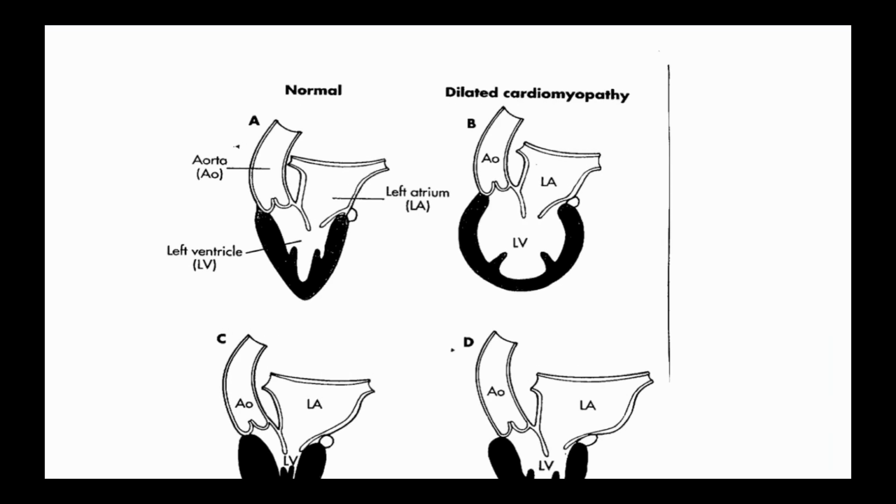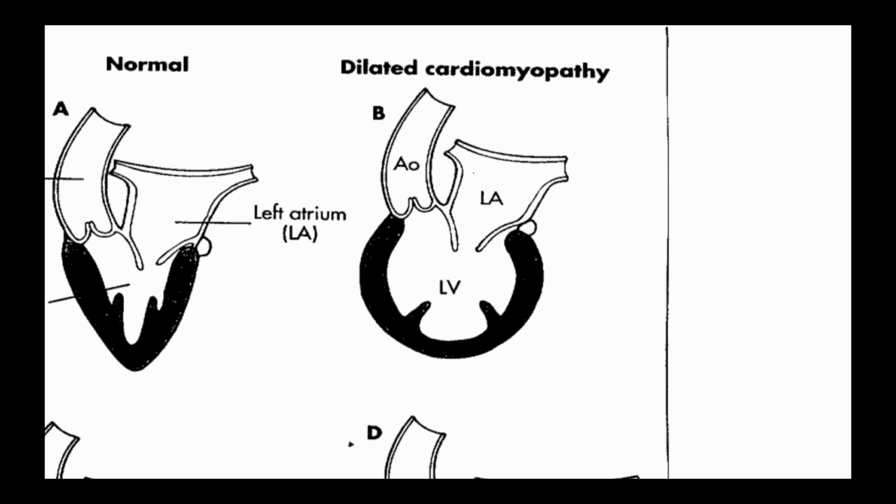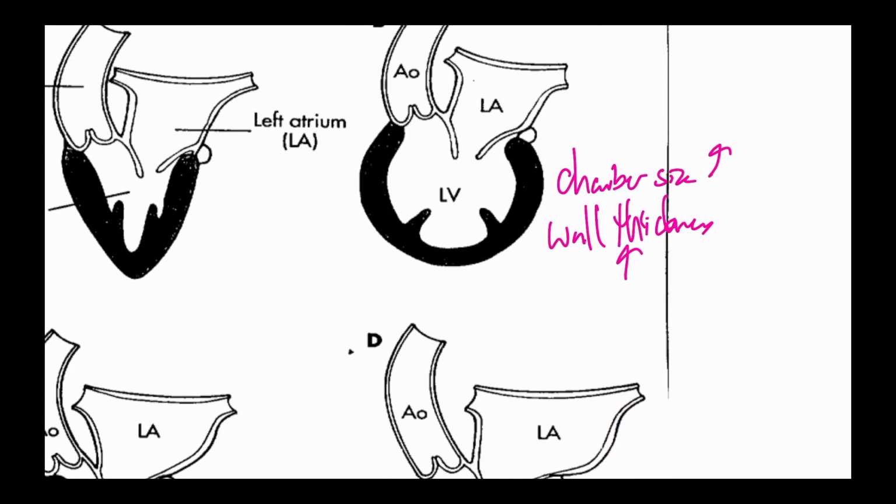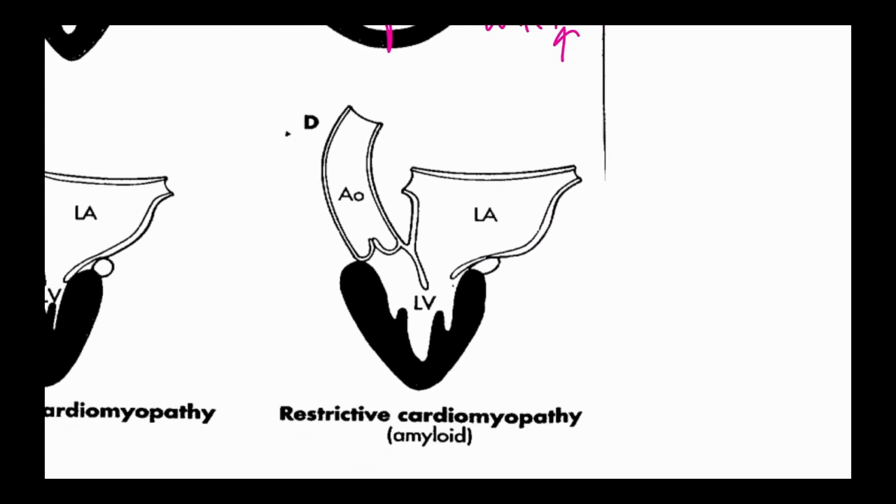So here's your normal, here's your dilated one. The chamber size increases. Wall thickness increases as well. Some cases, they can even get thin walls as well.